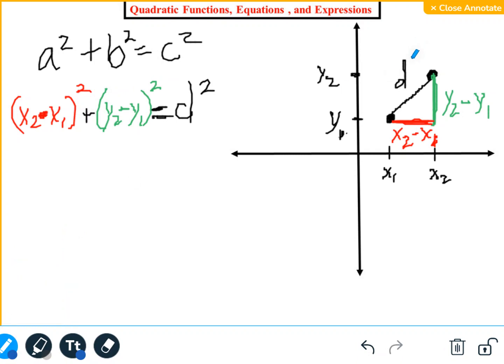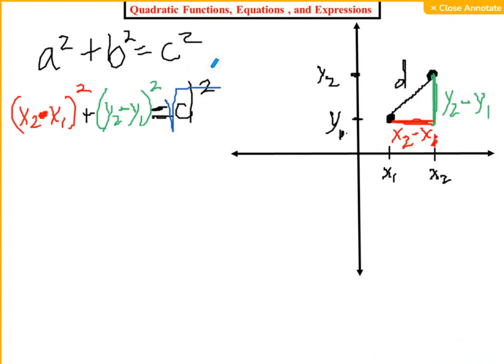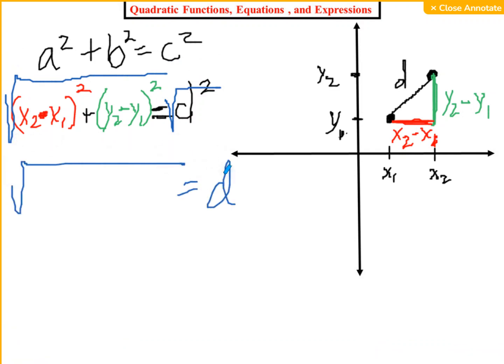However, we're still not done because we need to solve for what? The distance, right? So we need to leave d by itself. So what do we do at the end, everyone? Square root. So we're going to write square root equals d.